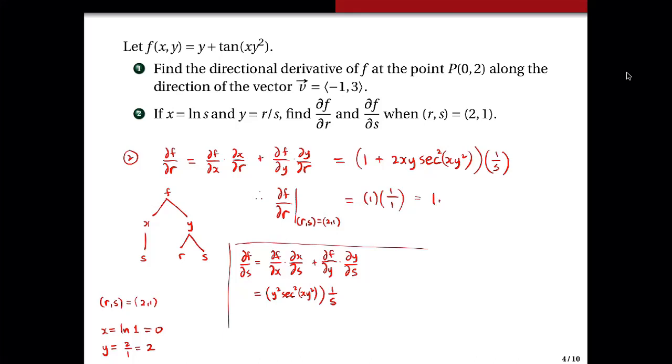And then plus partial of f with respect to y, just like what we have above, that's 1 plus 2xy secant squared xy squared. And then this time, partial of y with respect to s, that's negative r over s squared. Okay?